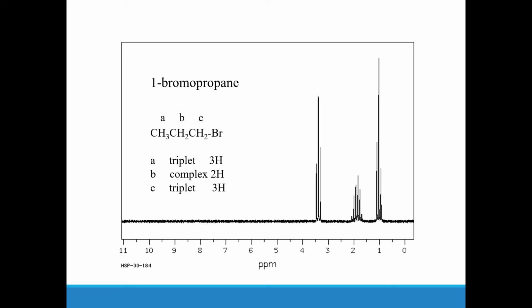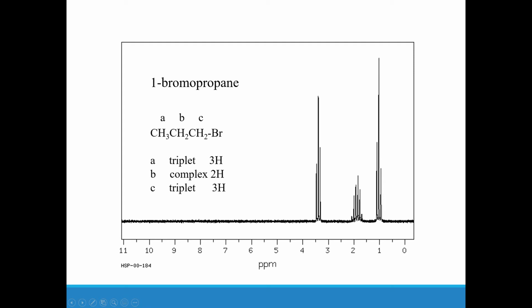So now 1-bromopropane. The same logic applies. The closer you are to bromine, the more towards the left you are. The farther away you are, the more towards the right. So starting with A, the furthest away, we have 2 neighboring hydrogens, so 2 plus 1, triplet. There's 1, 2, 3.